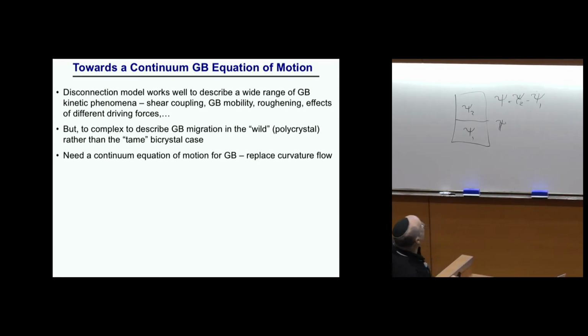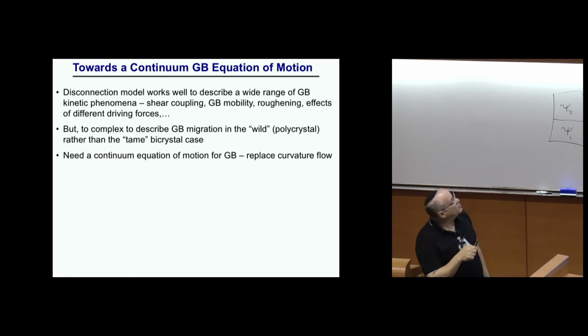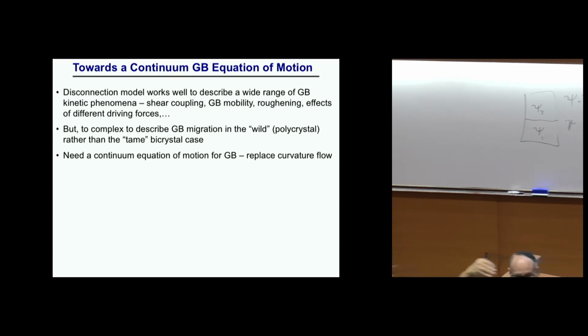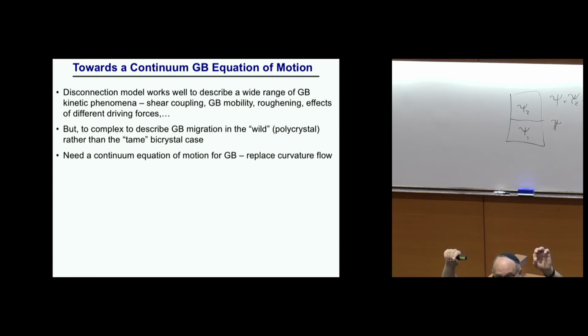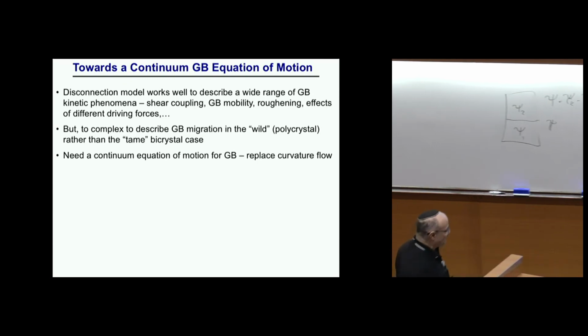So what I want to do is try to come up with a way of describing this that doesn't just describe bicrystals, which I like to refer to as tame grain boundaries, because they're isolated, domesticated grain boundaries. In a polycrystal, the real case, these are grain boundaries in the wild, where you have all possible orientations and junctions between them.